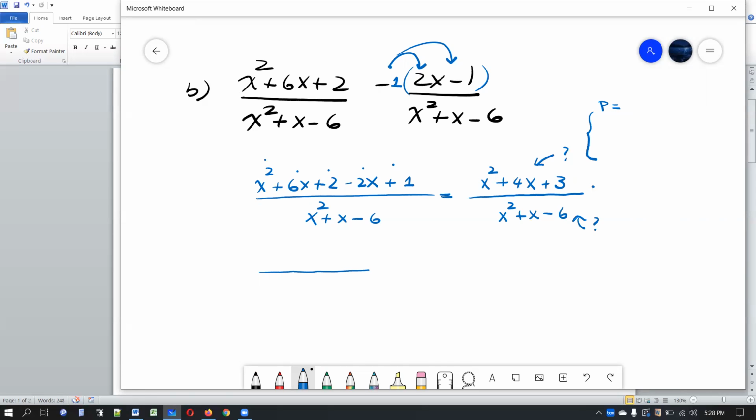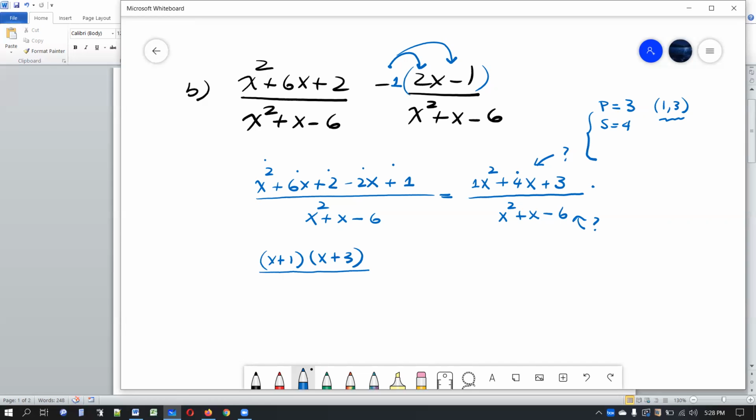So this is a trinomial with leading coefficient 1. I need to find two numbers whose product is 3, whose sum is 4. And I think the pair that I'm looking for is 1 and 3. So I am going to go immediately and factor the trinomial using these two numbers, x plus 1, x plus 3.